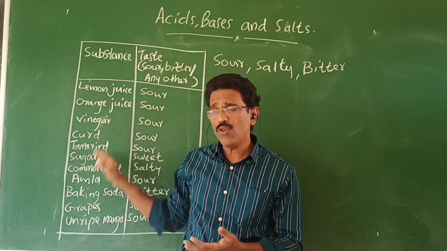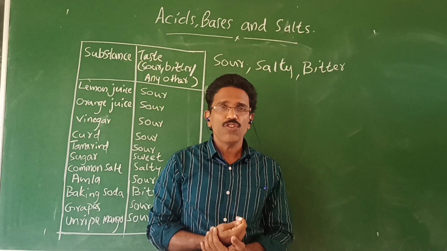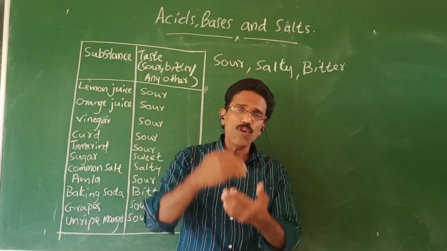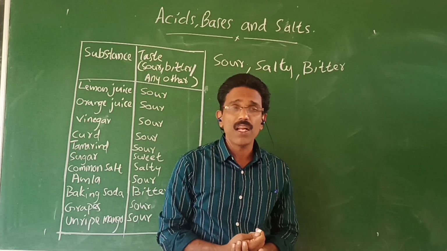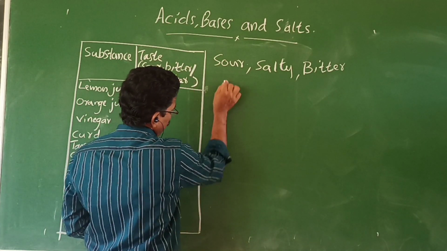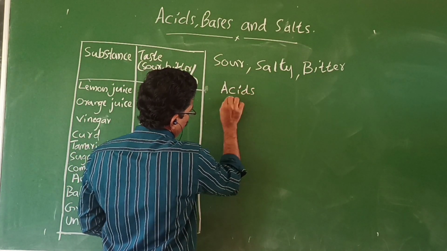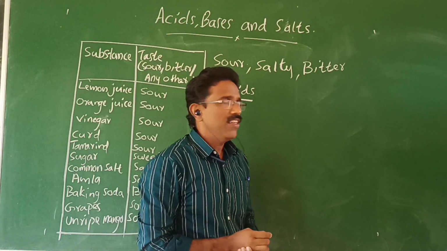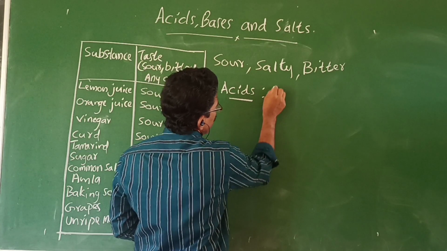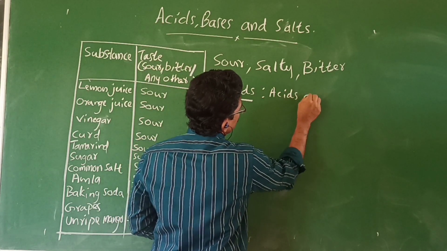So all food materials contain chemicals. Particularly these food materials which are sour in taste contain particular chemicals called acids. So acids, what is the taste of acids? Yes, acids are sour in taste.